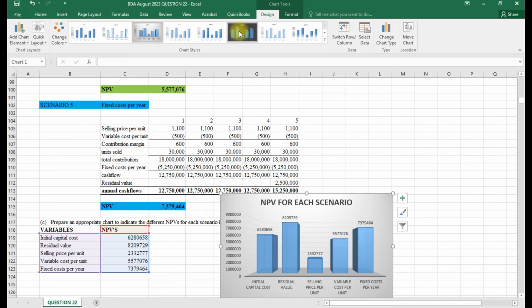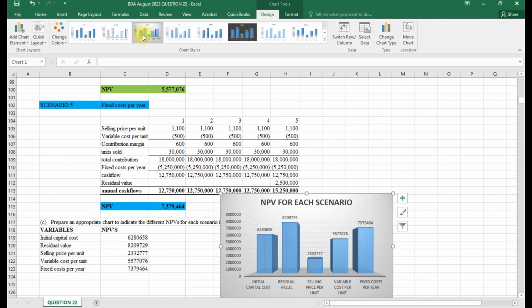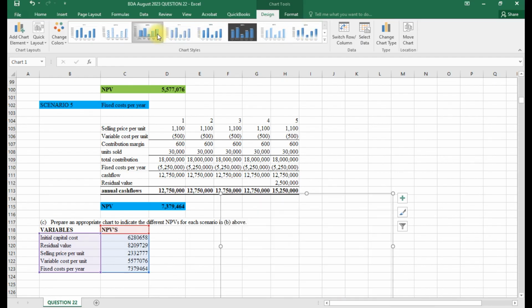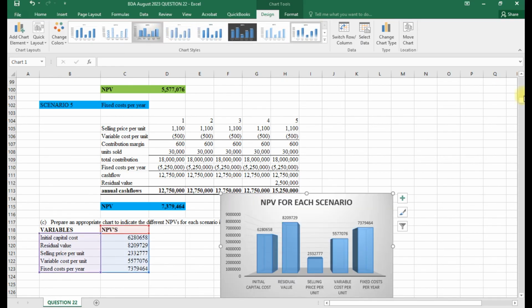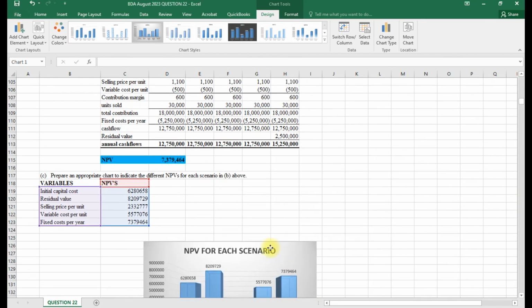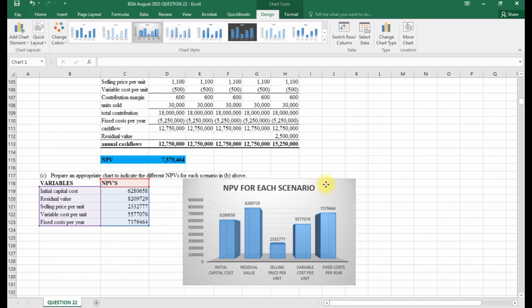Either use that or the black one, whichever. To use this NPV for each scenario, and I will just fix it here, either there or even here.